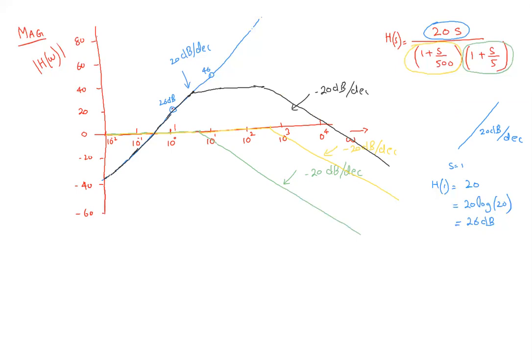Okay, a little better now. So this is minus 20 dB per decade. So here what was it? 0 dB per decade. Okay, you can say the zero was cancelled by the pole. Here what was it? Plus 20 dB per decade. The black line is the overall net magnitude response of this H of S.